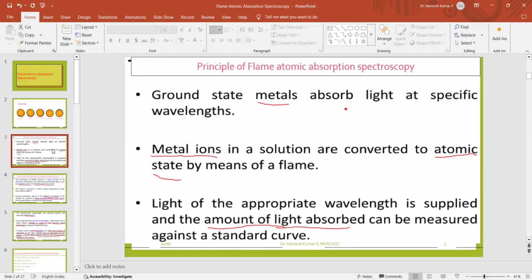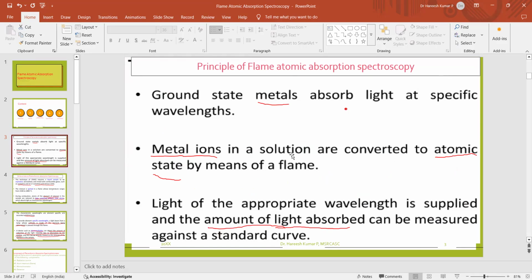Let's go to the principle of flame atomic absorption spectroscopy. Ground state metal ions: normally the sample for flame atomic spectroscopy is a metal ion containing solution. That means it is used in liquid form.